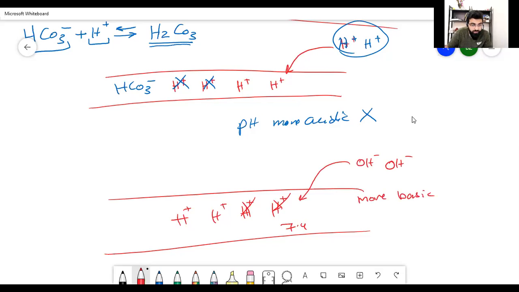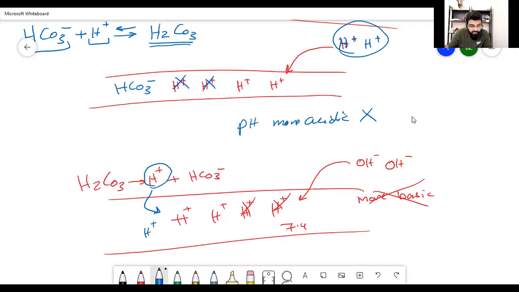The H2CO3, sorry, not minus, splits into H plus and HCO3 minus. Why? To give this H plus to the blood, to replace the lost H pluses. Got it? So in this way, the blood keeps its pH the same, 7.4. Or in different words, keeps the H plus concentration the same. Easy game, right?